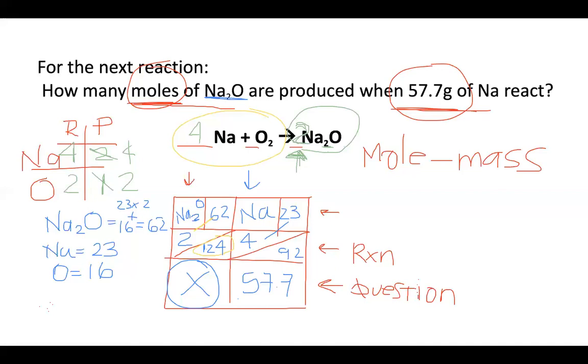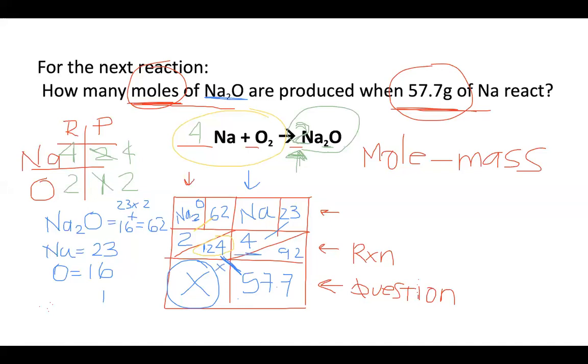So how do we solve this problem? As we did in the previous mole problem, we multiply what we have in diagonal and divide by what we have in horizontal.